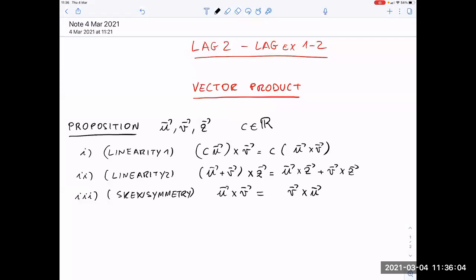So the verse will be exchanged, so we will get just a big minus in front of everything. And finally, we have something telling us what's happening if you compute the cross product of a vector with itself. You get the zero vector.